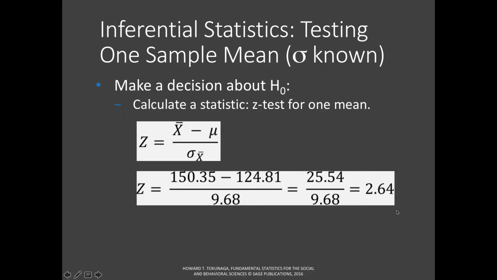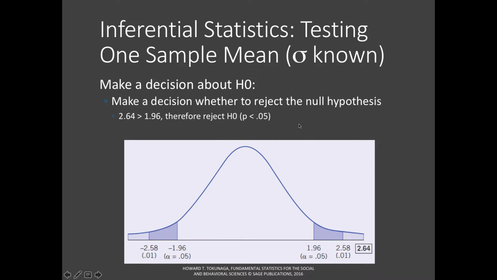What do we do next? Okay, so we make a decision. In order to make a decision, we have to see, is 2.64 greater than 1.96 or less than negative 1.96? Does it fall into one of those categories?